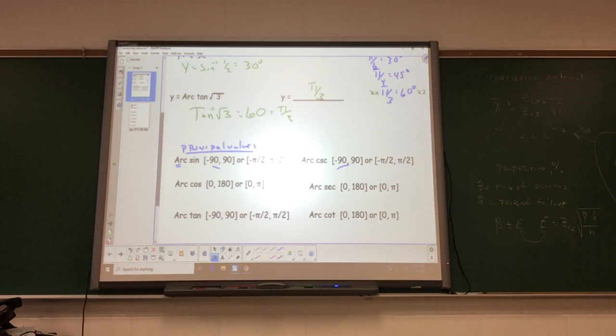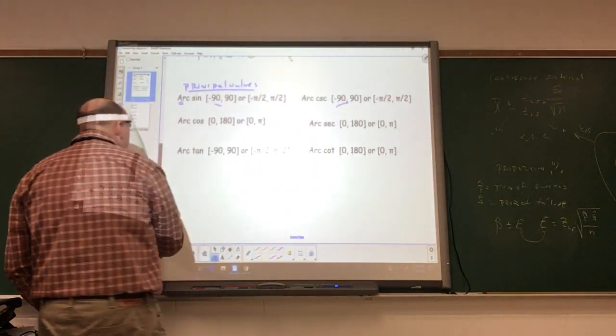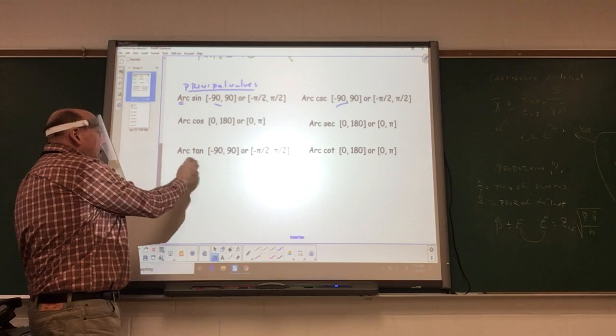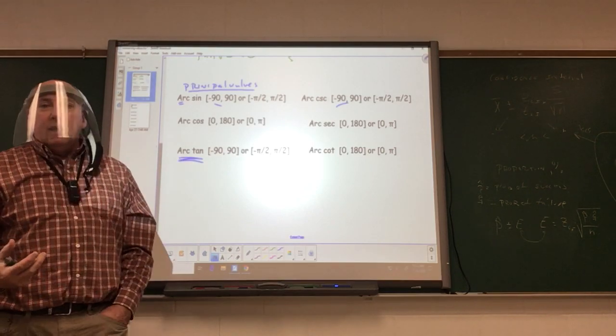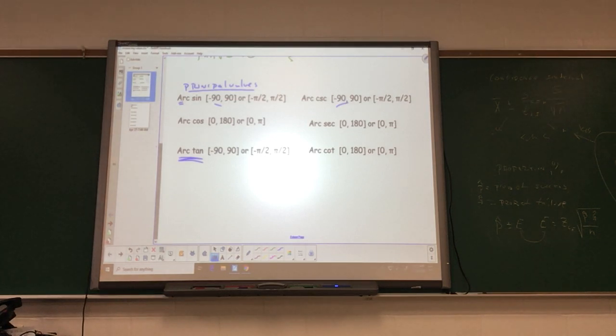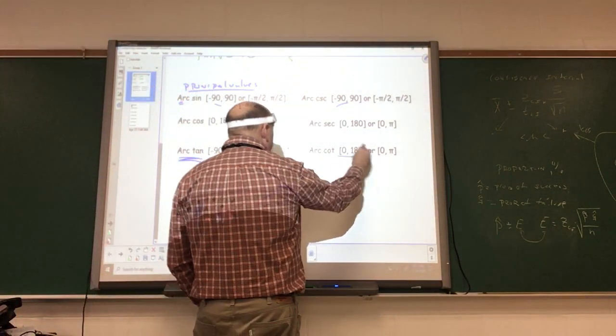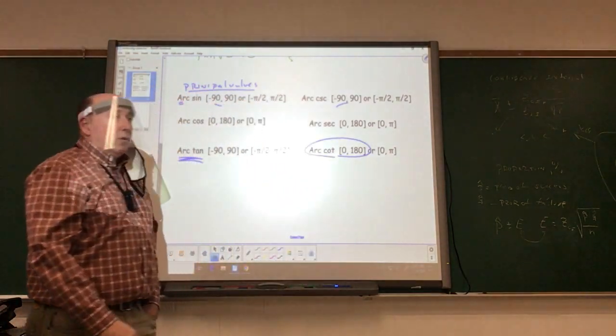Once again, the only one that's going to be different when I'm talking about an arc tangent, I'm going to get a value between negative 90 and 90 degrees, no matter what. When we do the arc cotangent, the principal value for the arc cotangent is between 0 and 180 degrees.